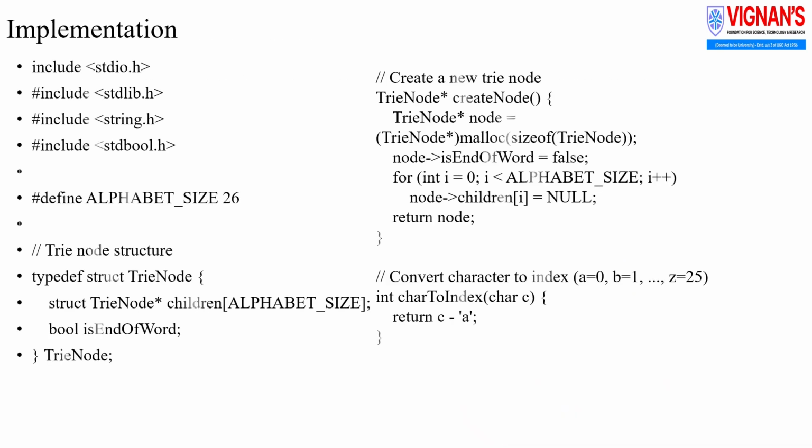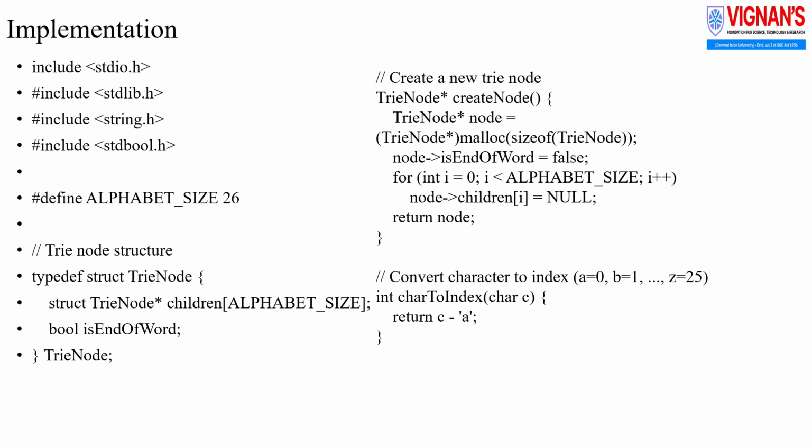Trie implementation. This slide explains the basic implementation of a standard trie in C. It includes the required header files and defines the alphabet size as 26 for lowercase letters. Each trie node contains an array of child pointers and a Boolean flag to mark the end of a word.